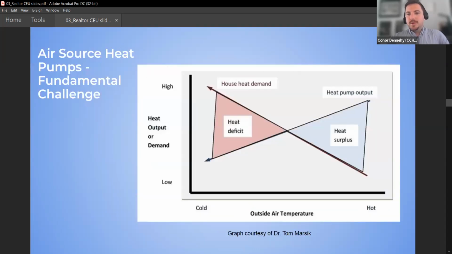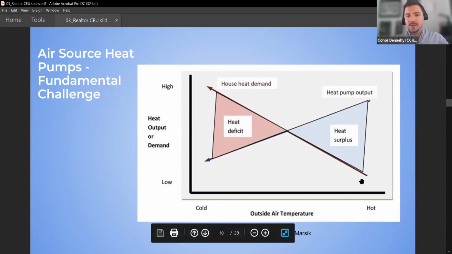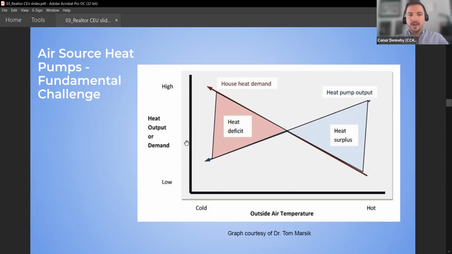And so the air source heat pump, the fundamental challenge that I've more or less been talking about is, when do they work and where do they work? And so we've got a graph here that we're showing temperature on the bottom with cold on the left and hot on the right. And this is your heat output. So what the heat pump can deliver for you, or the demand of the house. And so right here in the middle is what's called the balance point.